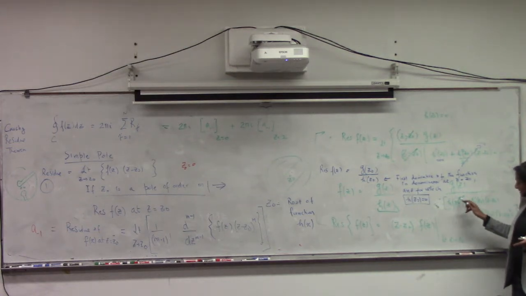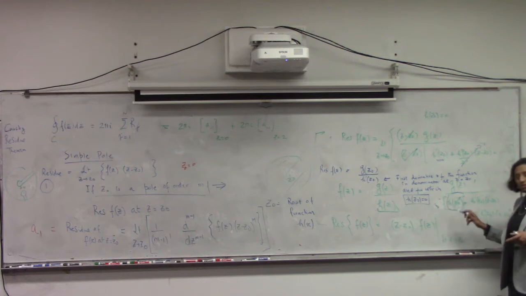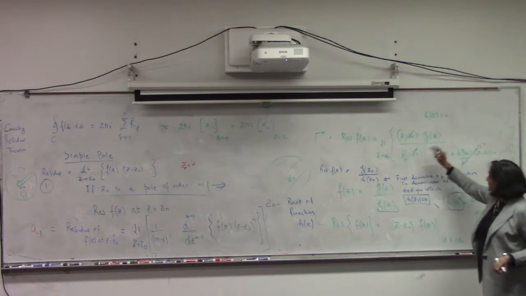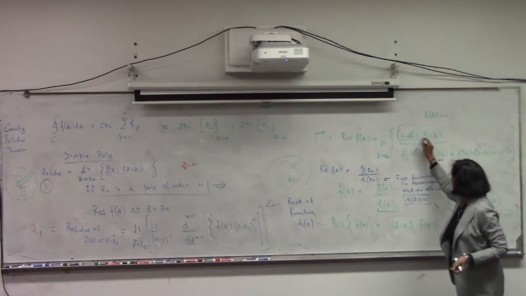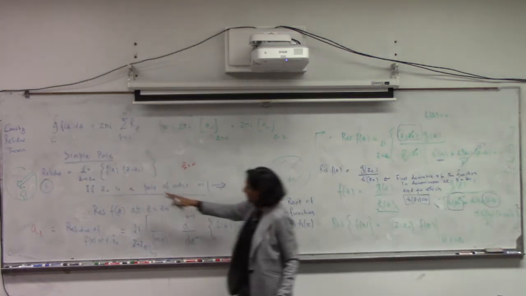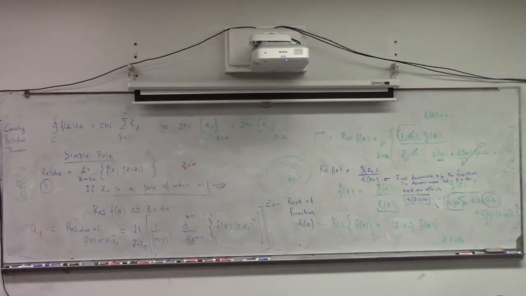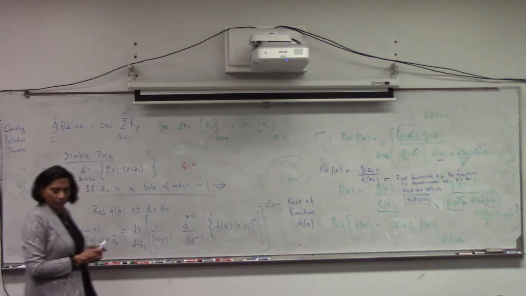We are also given that z naught is a root, so that term is 0. The higher order terms will become 0 because we are letting z equal z naught. It's a simple pole, so you multiply by z minus z naught, which cancels out. So the only term which survives is the first derivative of the denominator at z equal to z naught. That's all I've got. It's a fairly simple one, and in many cases it may be even easier.